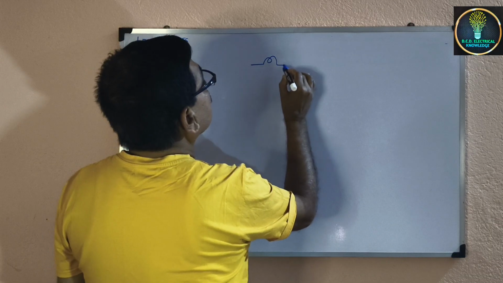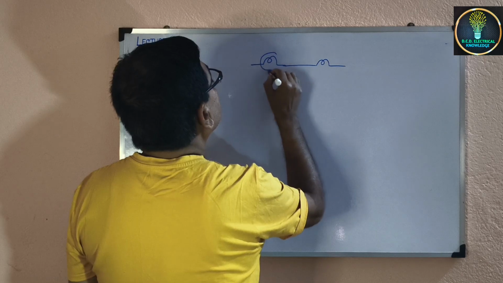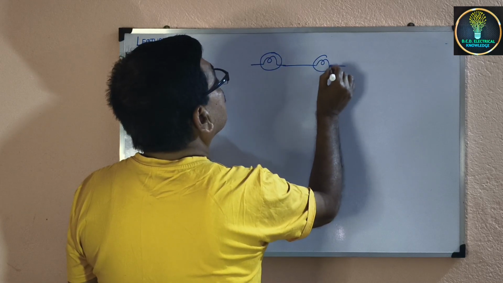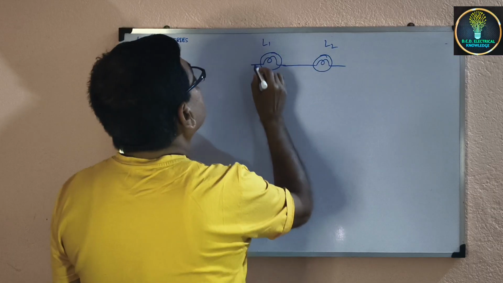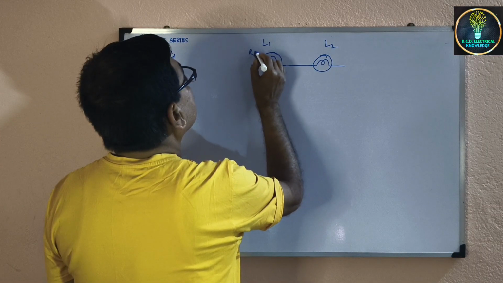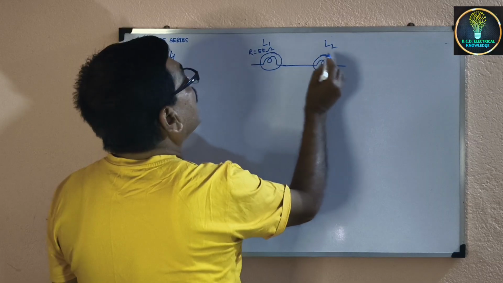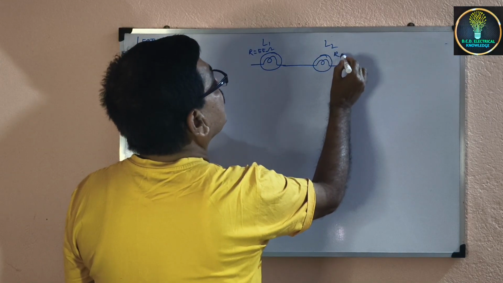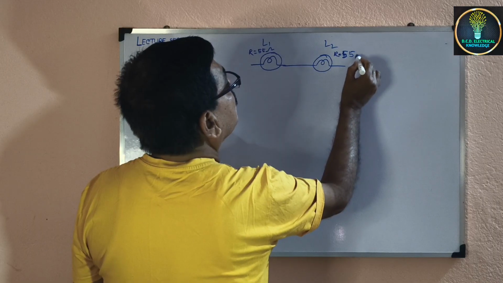This is the figure. Lamp 1 and lamp 2 have resistances of 55 ohm each.